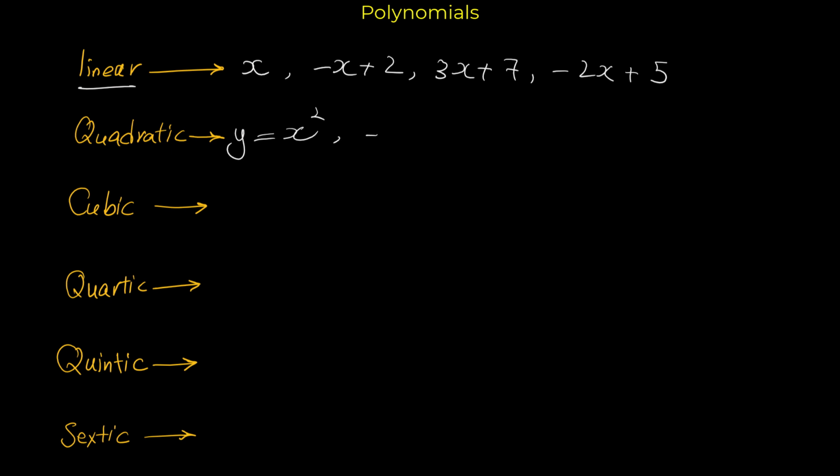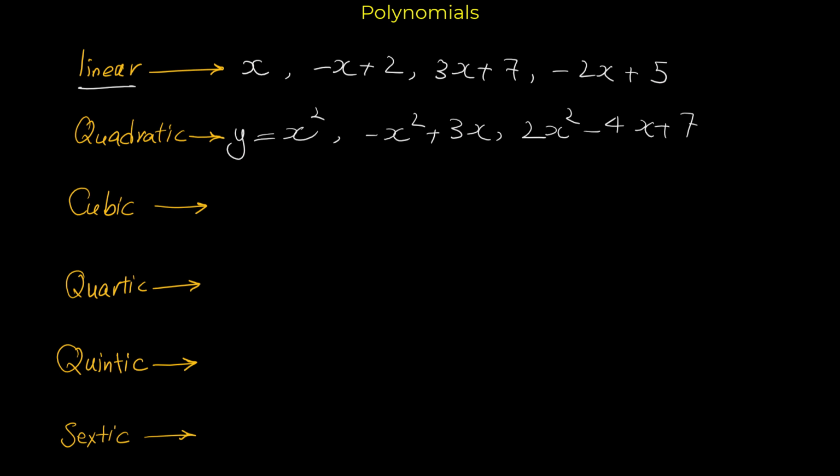The other examples are, for example, negative x to the 2 plus 3x, 2x to the 2 minus 4x plus 7. As you can see in all of these examples, the degree of the polynomial is 2. When the degree of a polynomial is 2, we can say it's a quadratic function.